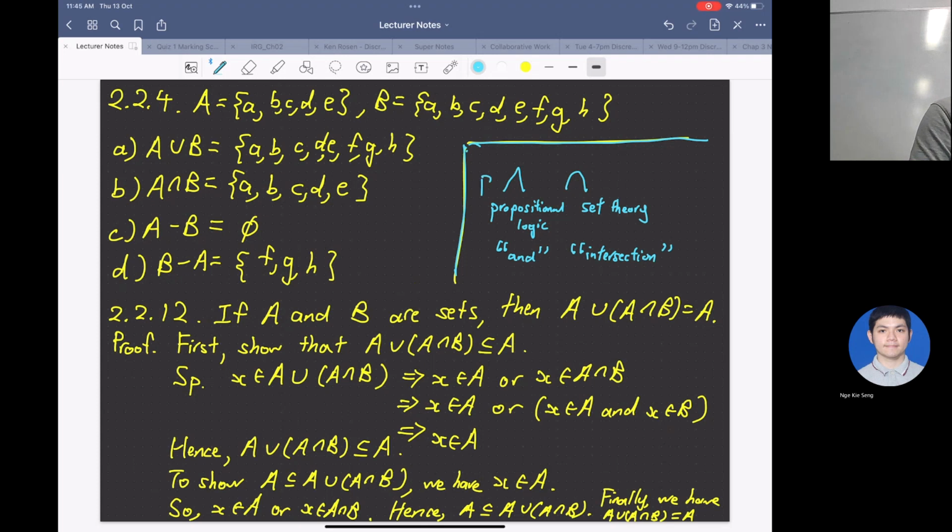This one works on propositions, between propositions, and this one is between sets. One is between propositions, one is between sets. Don't confuse, don't mess up. Similarly with the union.